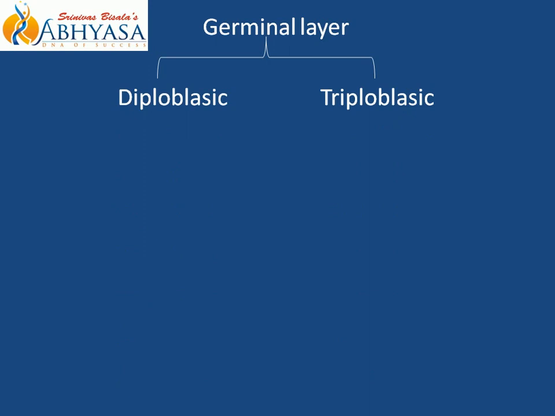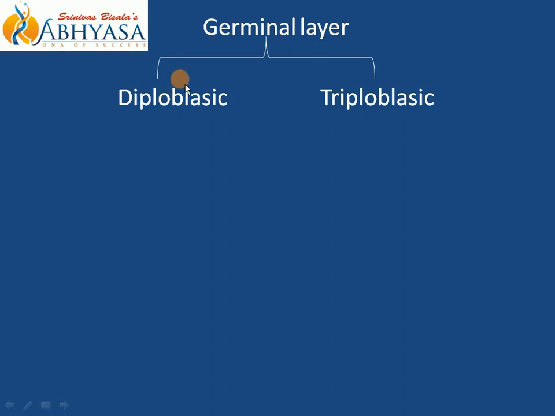Now we will move to our next term, which is related to the germinal layer. Germinal layers are the cell layers during embryonic development from which the entire body is formed. So terms related to germinal layer are diploblastic and triploblastic.